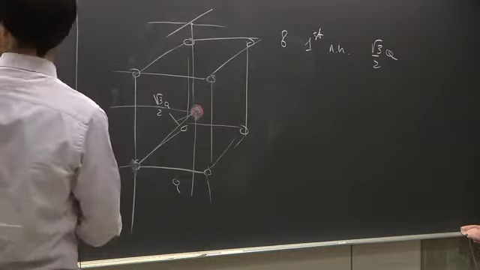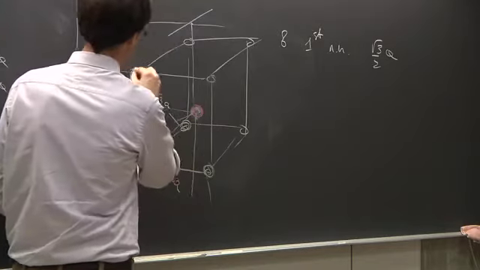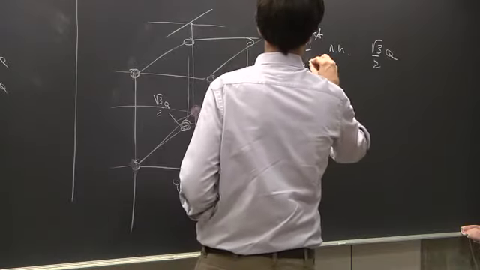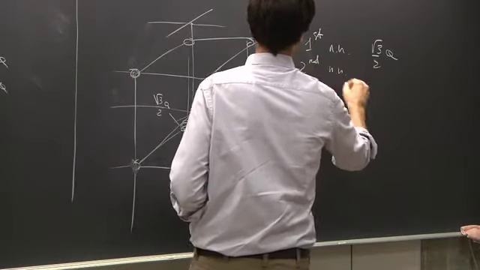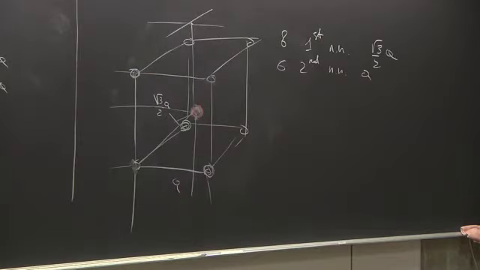Second nearest neighbors is what? Green. So I'm using green, this, and all the points along the Cartesian axes, right? So there are 6 of them. So I have 6 second nearest neighbors at distance a. And so on and so forth.